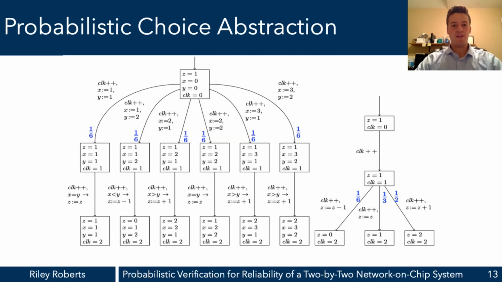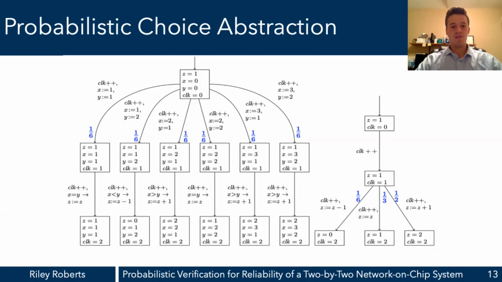Here we see that the initial values of x and y are decided using a probabilistic distribution. Here it's simply a 1/6 probability of all the different possible combinations of the values of x and y. Following that, we apply different logic to update z based on the values of x and y.